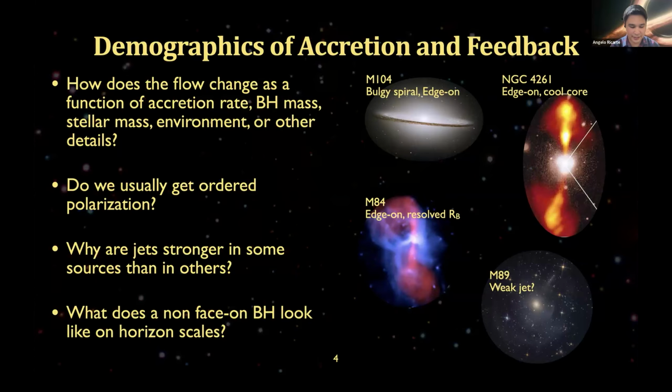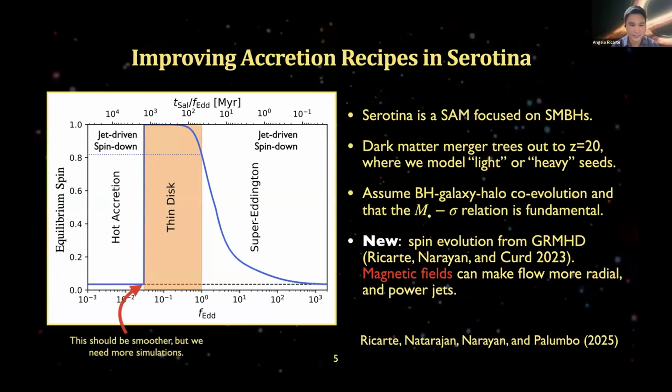So what I've been doing is a lot of this modeling to give us a sense of the types of GRMHD that fit M87 and Sagittarius A*, and using those types of models to inform our accretion and feedback.